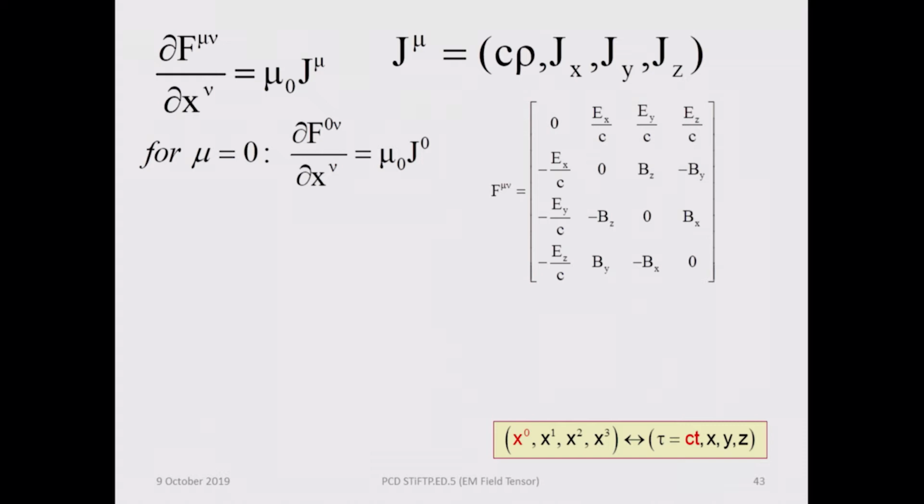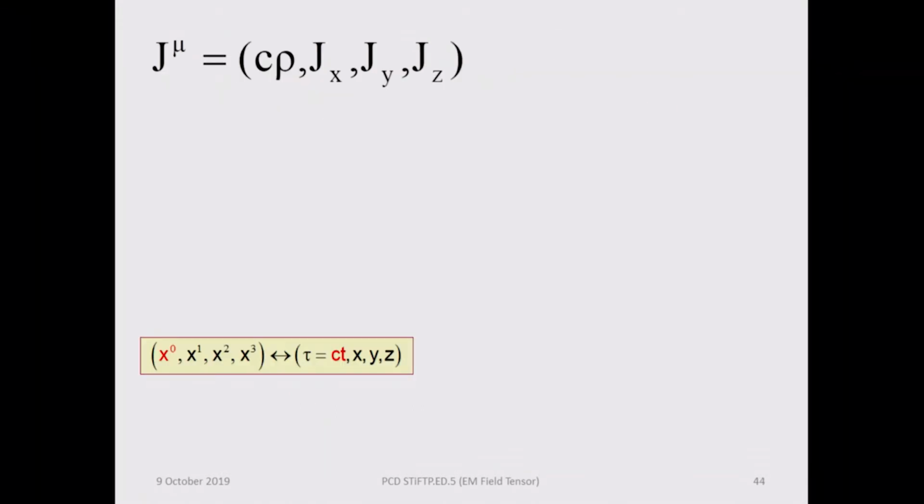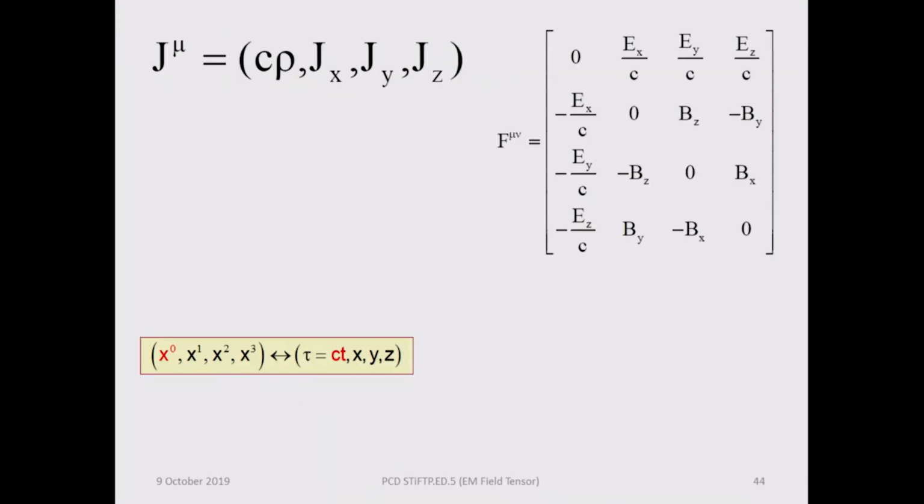First one is for mu equal to 0. Now the left hand side has nu appearing twice, so we must sum over nu. There are 4 terms, and the right hand side is mu 0 j mu, which for mu equal to 0 is j 0. So, this is your equation for mu equal to 0.